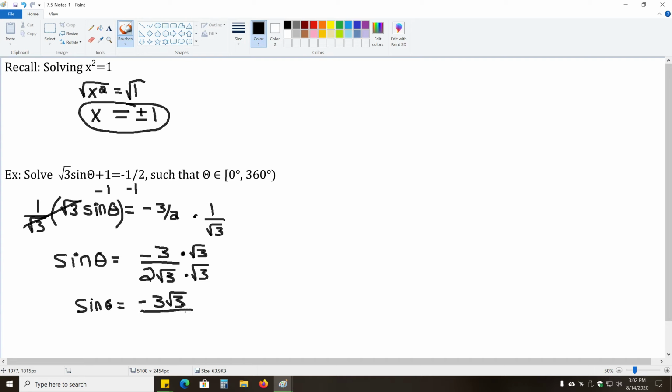Negative 3 square root 3 over 2 times the square root of 3 times the square root of 3 is just 2 times 3. And now notice we have a common 3 in the top and bottom that will cancel out, leaving us with negative square root 3 over 2. So, after all of this, we've now solved for sine of theta, giving us sine of theta equals negative square root 3 over 2.